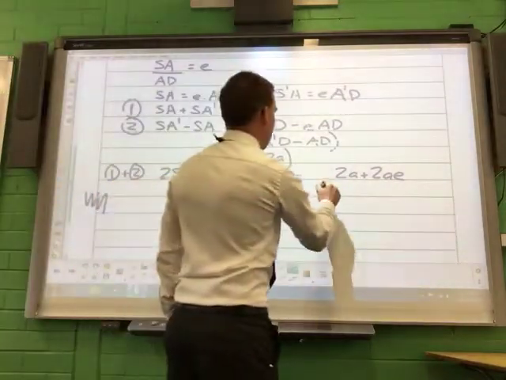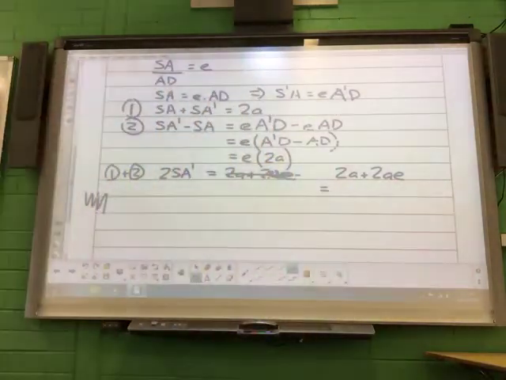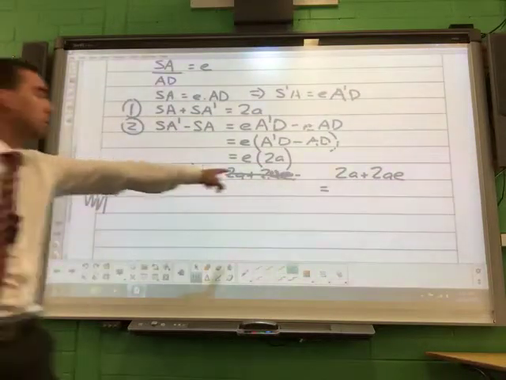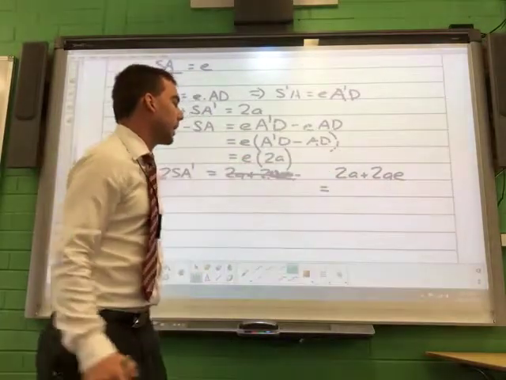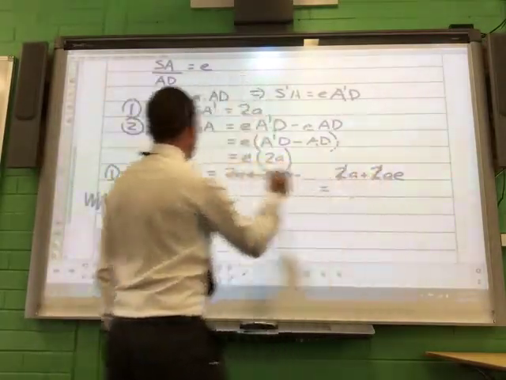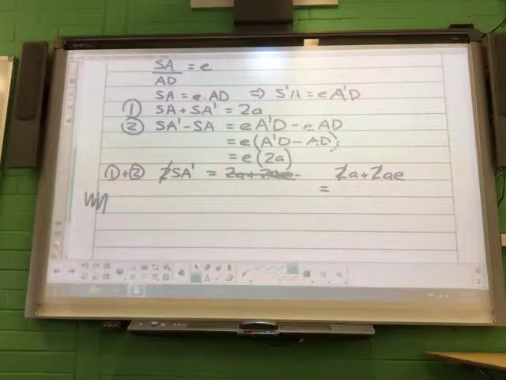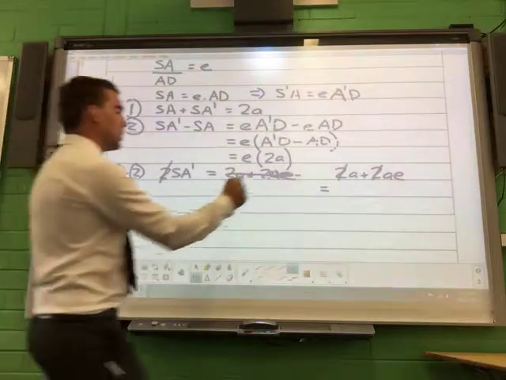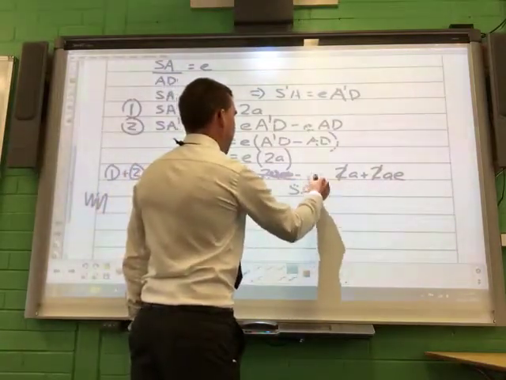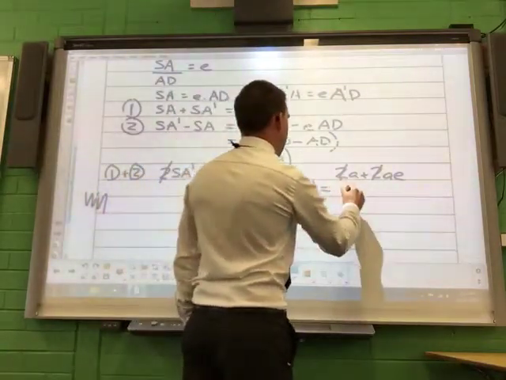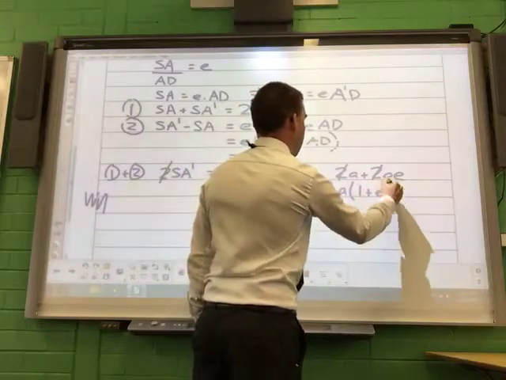Right, so we're going to factor the 2A out. So 2 lots of SA' is going to be 2A plus 2AE. Right, so we're factorising those 2's out, and we're going to cancel it with the 2 on the other side, and then we can take the common factor of A out on the right hand side. So SA' is going to be A outside of 1 plus E.